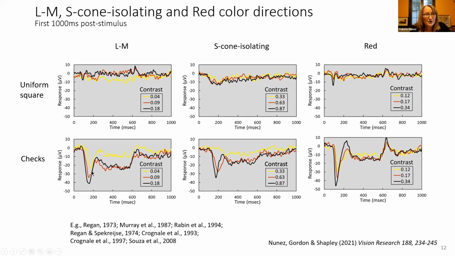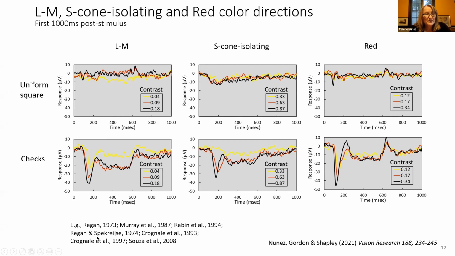You can also see that there was a sustained response that took the full second to return to baseline. While the square has the early peak around 100 milliseconds, the checkerboard speeds up with increasing contrast for all three color directions. This speeding up agrees with previous work.